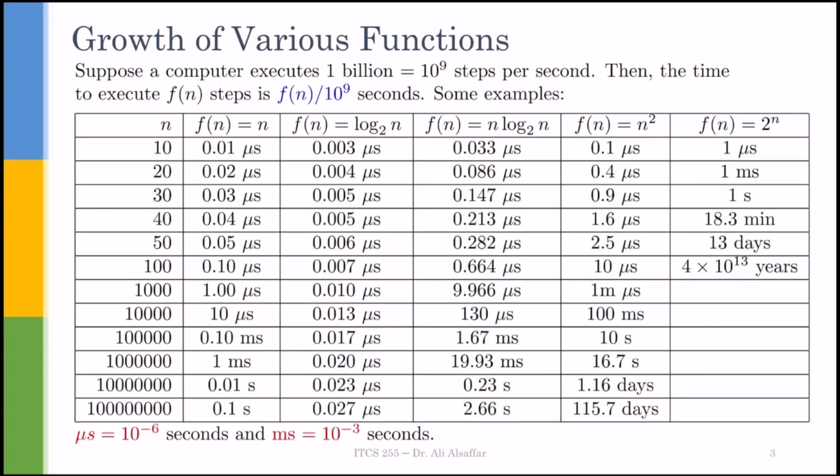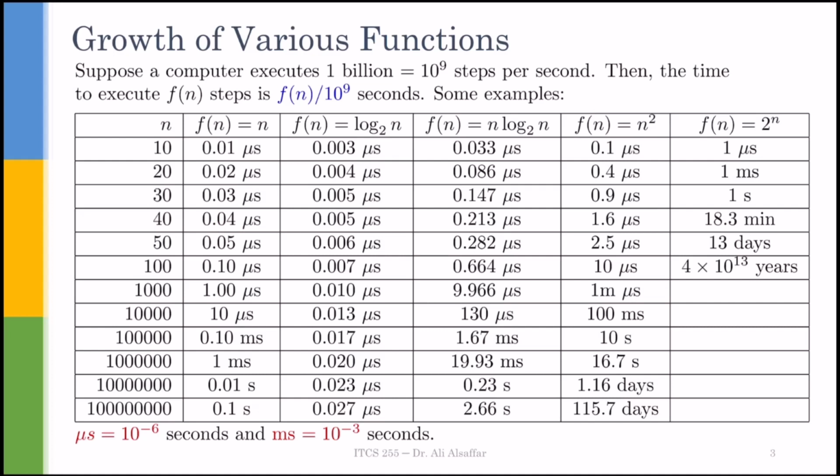By following the same calculations for the other functions, the results are listed in this table. To compare the running time of these algorithms and determine which one is faster than the others, we need to go over a sample of n and compare the running time of these functions. As an example, for n equal to 40, the linear function spends 0.04 microsecond. The log 2 n spends 0.005 microseconds, so it is faster than the linear.